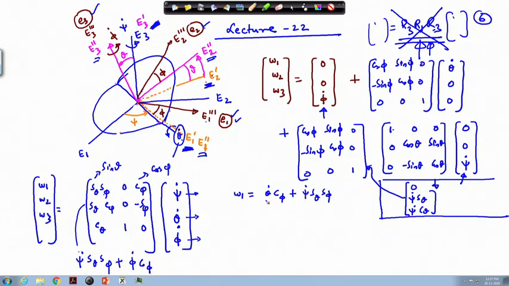So, check here, is it same, this is psi dot, here we have written it the wrong way, this is psi dot, phi dot, phi dot, and here this is theta dot.